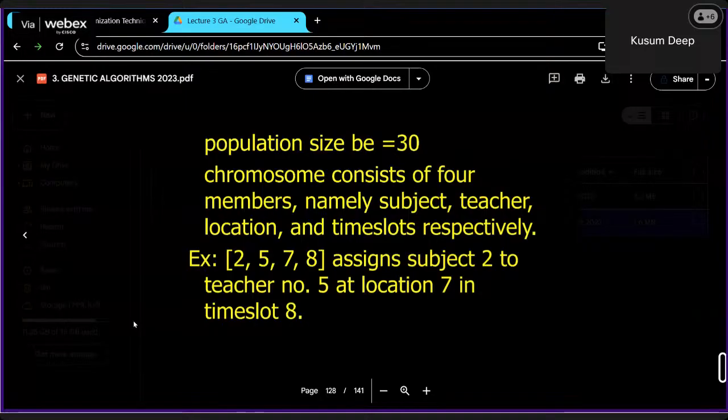So for example, 2578 means assign subject 2 to the teacher number 5 at the location number 7 in the time slot 8. So 2578 is a chromosome, and we have identified how we can interpret this chromosome in human beings' language.